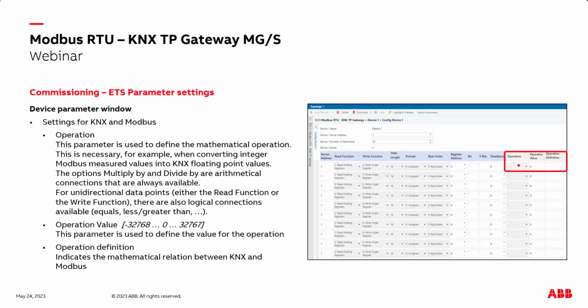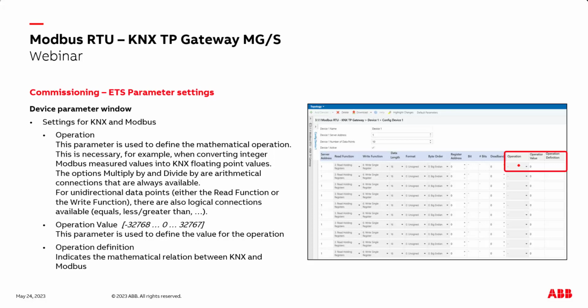We have no float values. Via this operation we can divide, or do some calculation like multiplication or division, to convert this Modbus raw data into KNX floating values.